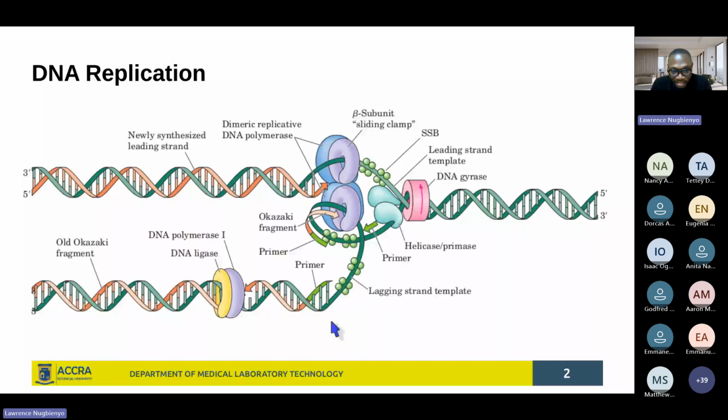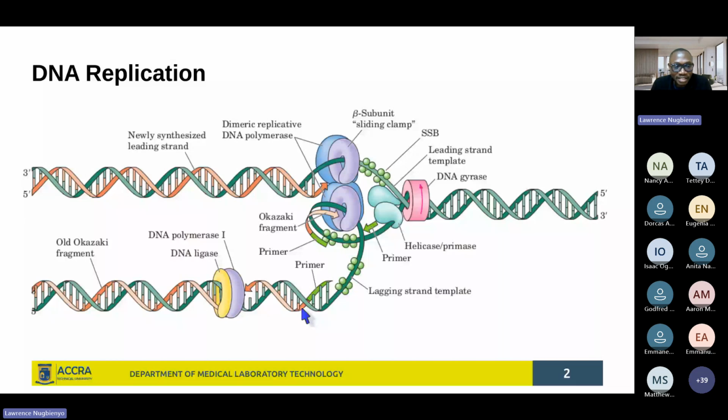But on the lagging strand, because the formation of the nucleic acid strand is always from the 5' end to the 3' end, that lagging strand is in the opposite direction, which means the synthesis on it cannot be continuous.